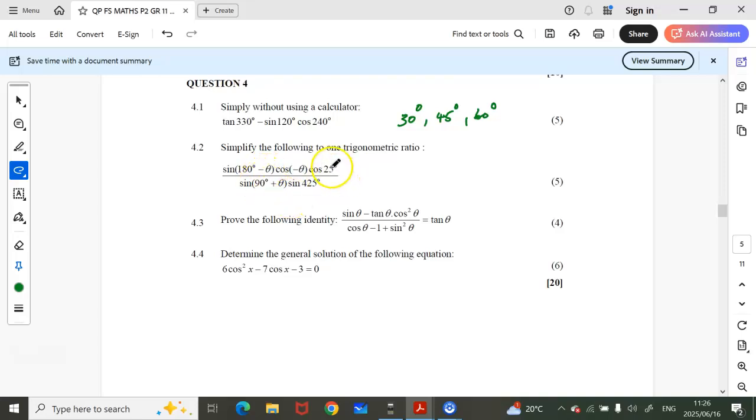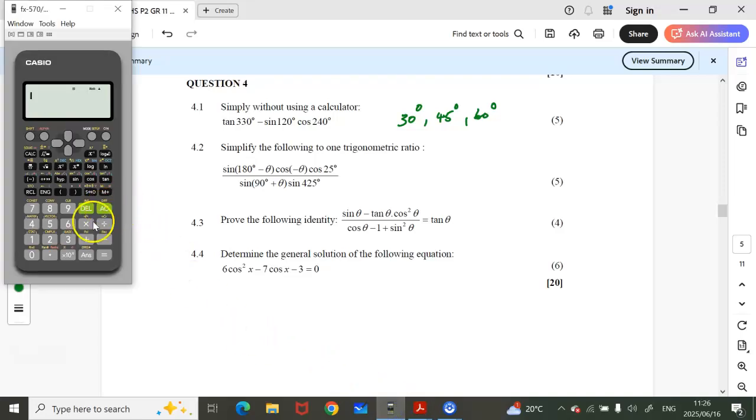So I tell my learners that every time you find something like this with theta, put any number there. For example, if I've got sine 180 minus 2 instead of theta, then my answer is positive.